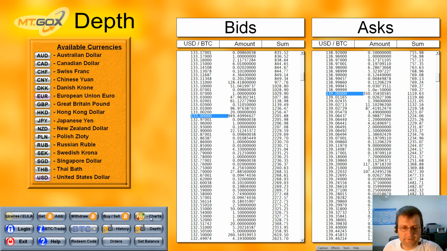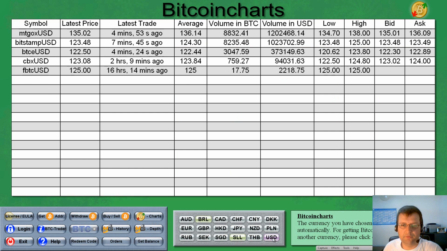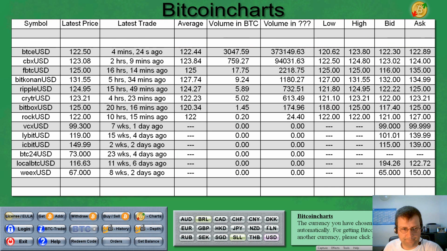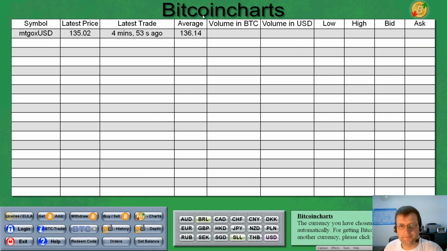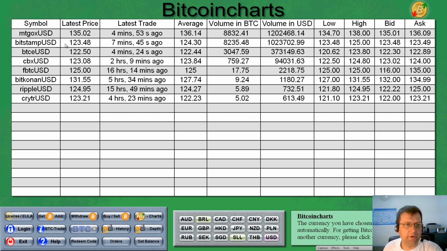Let us have a look at the trading volume at the moment and get this brief summary of the USD markets. Mt. Gox USD market volume in Bitcoin is about 8,800 Bitcoin, and Bitstamp already has nearly as much trading volume as Mt. Gox. The third one is the BTCE Bitcoin exchange, and roughly speaking, it's about a third of the Mt. Gox trading volume.